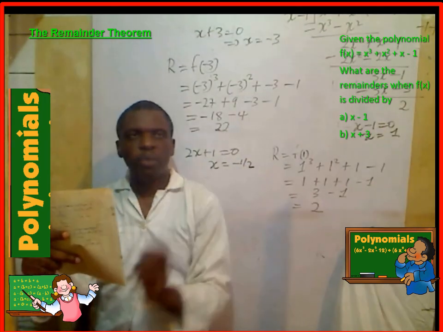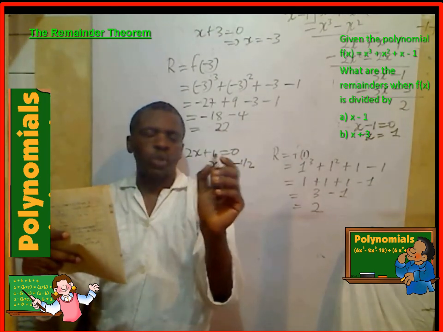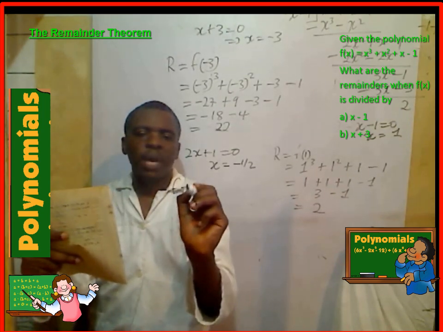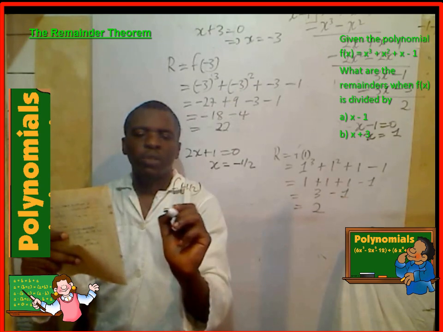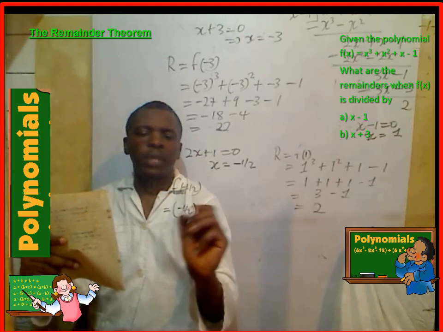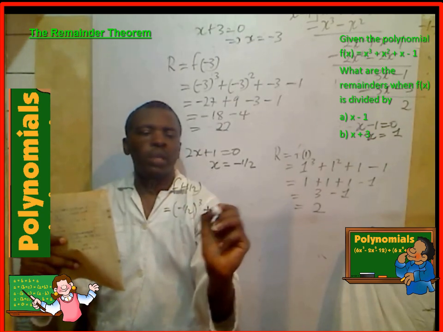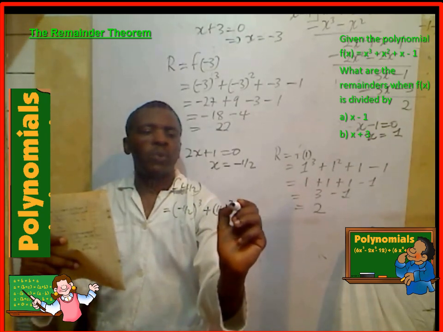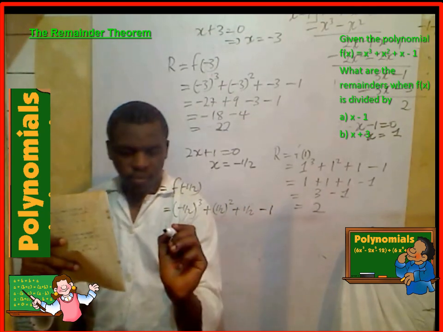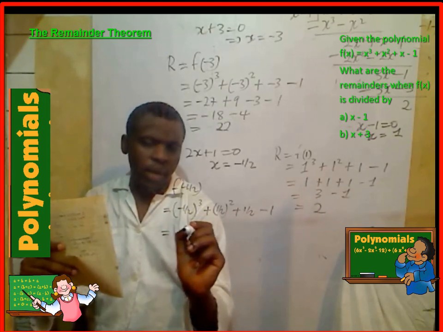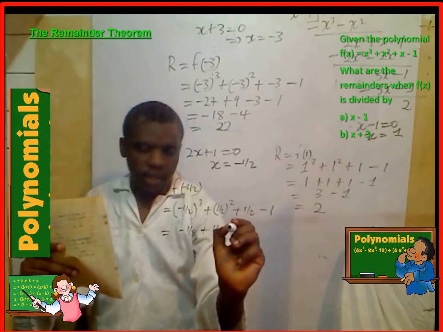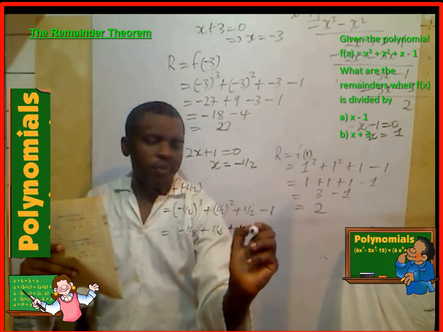So our remainder when divided by 2x plus 1 will be r equal to f of minus half, which is equal to minus half cubed plus half squared plus half minus 1. This will be minus 1/8 plus 1/4 plus half minus 1.